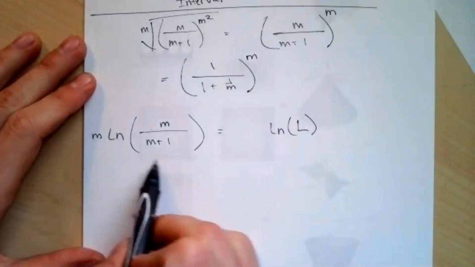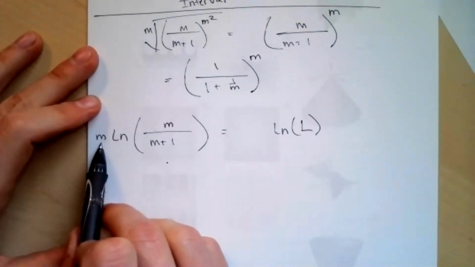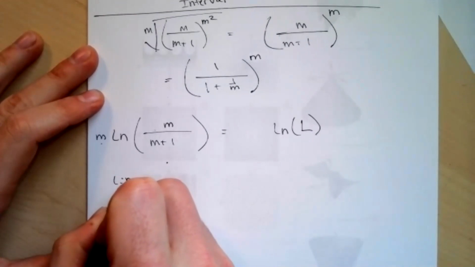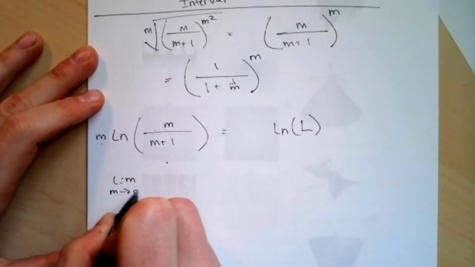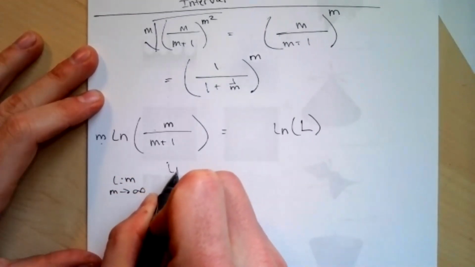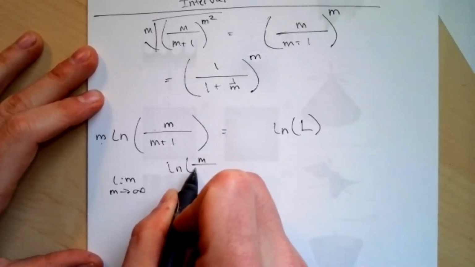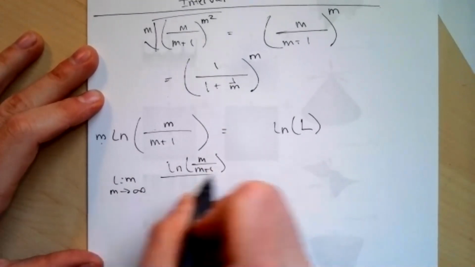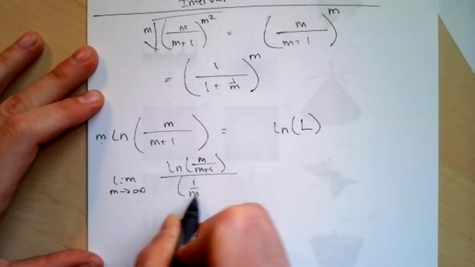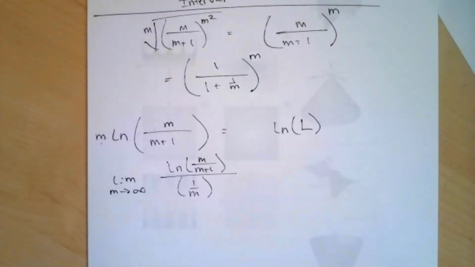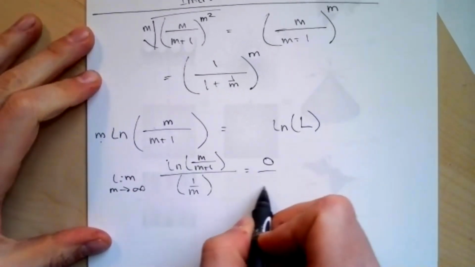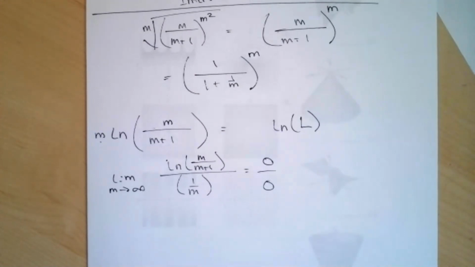And then we want to compute the limit as m goes to infinity of natural log of m over m plus 1, over 1 over m. Is this what you guys did? In this case, that'll give us a 0 over 0. So now we can do L'Hopital's rule.